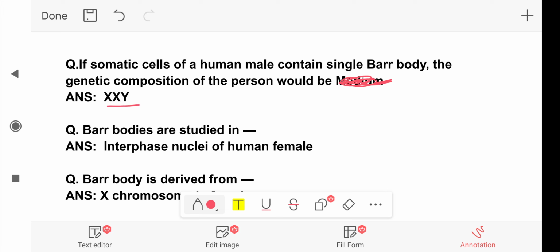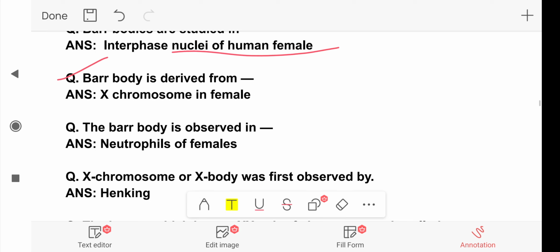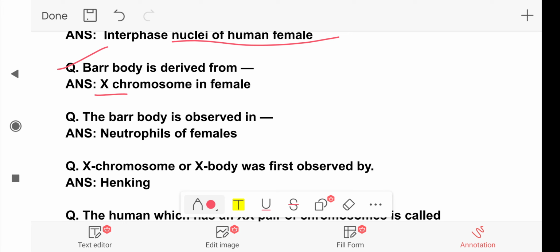Next, bar bodies are studied in, answer, interphase nuclei of human female. Next, bar body is derived from, answer, X chromosome in female. Next, the bar body is observed in, answer, neutrophils of females.